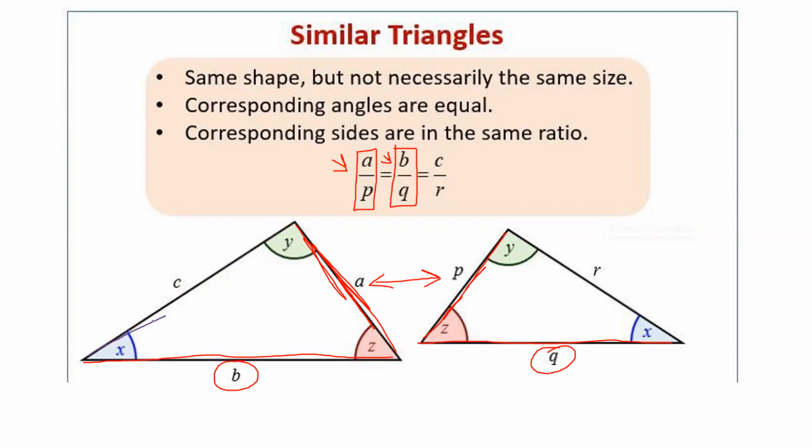So we know that side C right here, its corresponding side is going to be R. So when we put that in a ratio, C over R, that ratio must be equal to the ratio of B and Q, because B and Q are corresponding sides. And that must also be equal to the ratio of A and P, which are also corresponding sides. So basically, corresponding sides are in the same ratio.